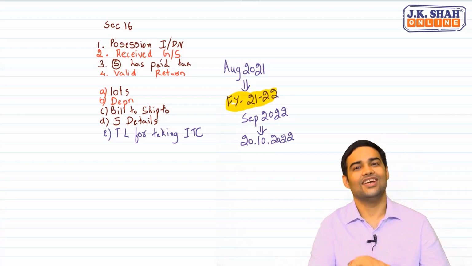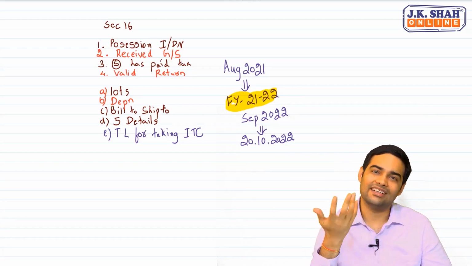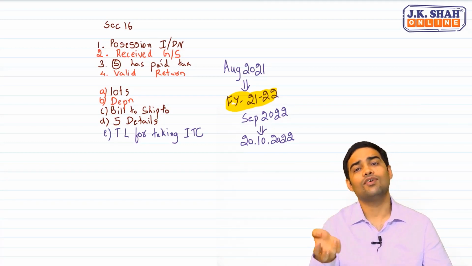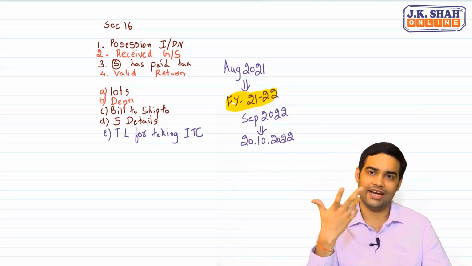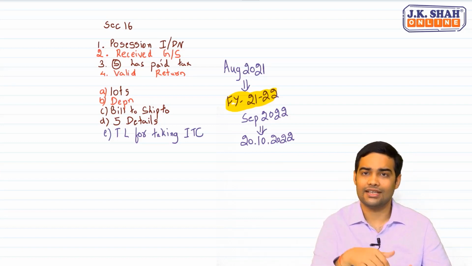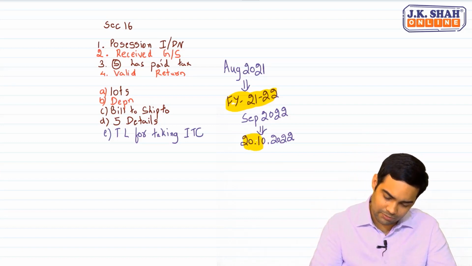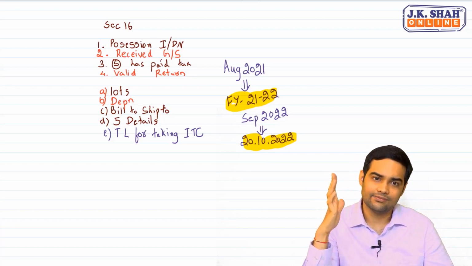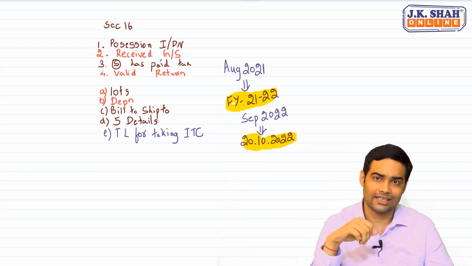It is very well possible that you have filed the annual return before this cutoff date. If you file the annual return before this cutoff date, then that date will be used. If you file the annual return after that, then this would be the last date for taking ITC. So, this is about the time limit for taking ITC.